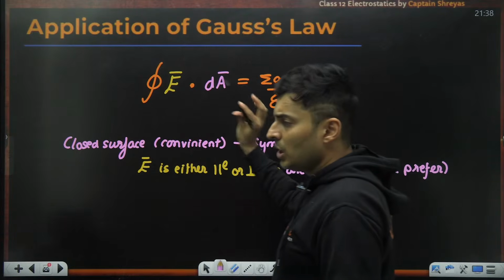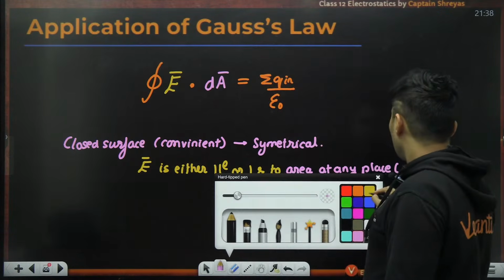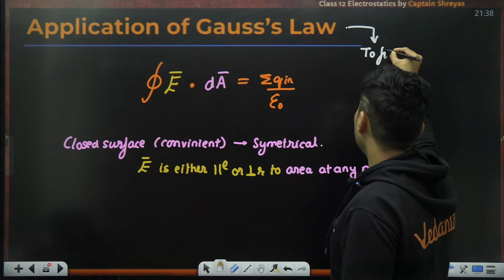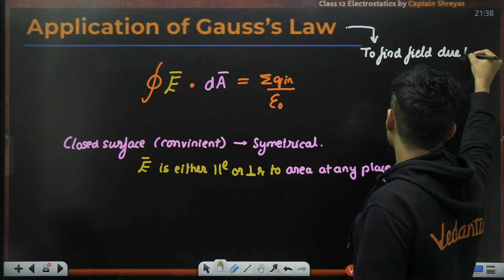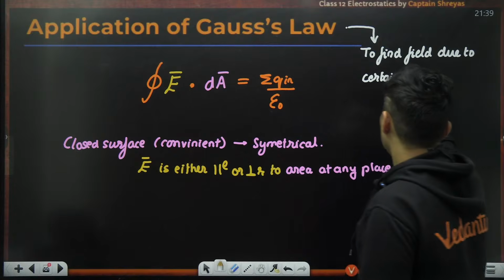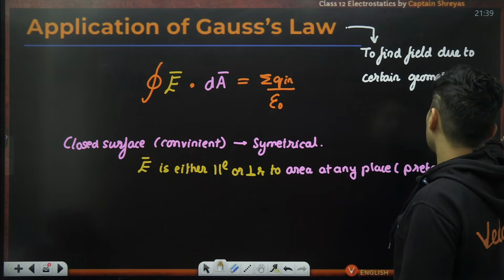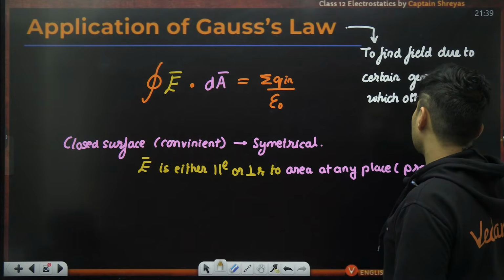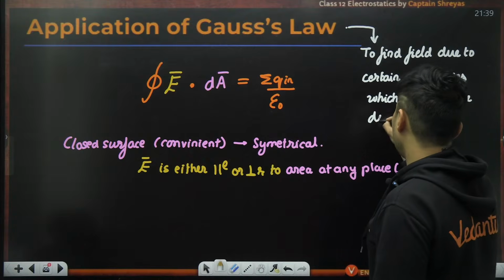Also keep in mind that you usually use Gauss's law to find the field due to certain geometries which otherwise are difficult via Coulomb's law.